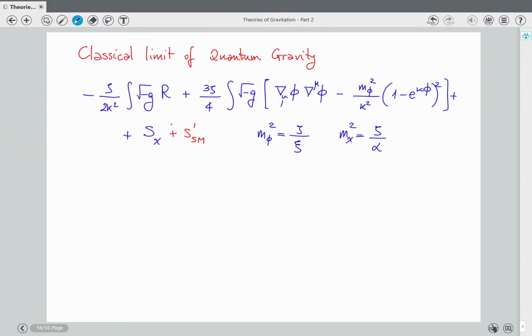Take the action, and then derive the field equations.